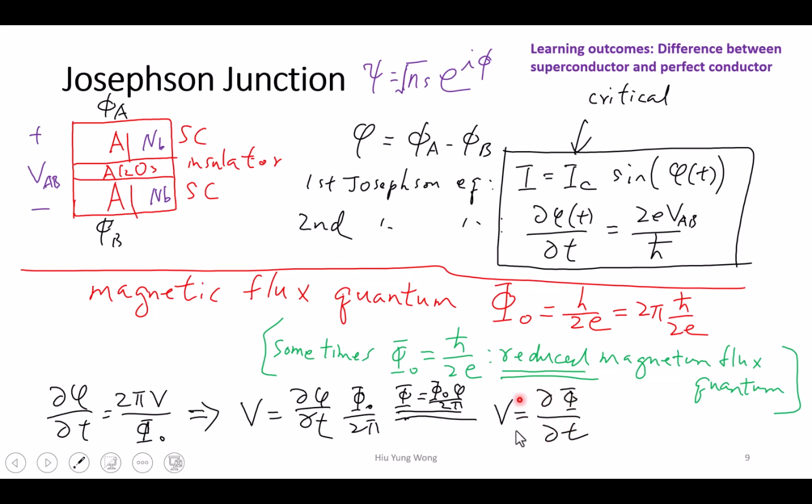Voltage is equal to d phi dt. Lenz's law, right? It resembles that. What's Lenz's law? You build a magnetic field, and then when you try to change the magnetic flux, we will induce a voltage across the circuit, correct?